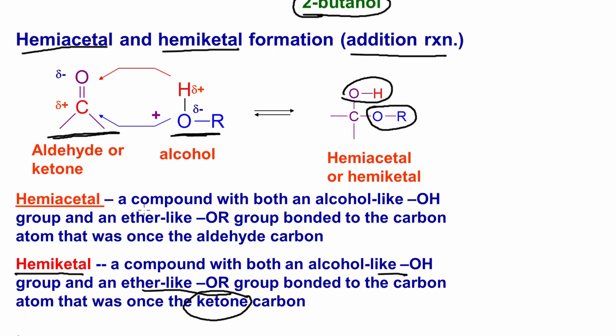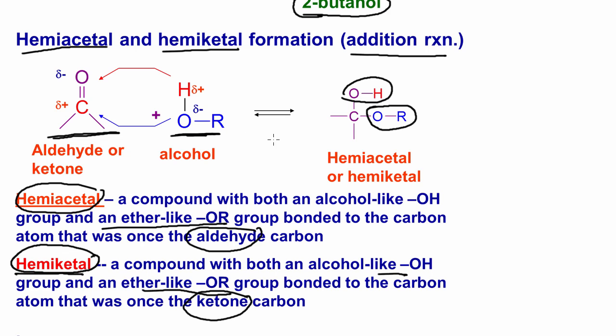The hemiacetal is a compound with both an alcohol-like OH group and an ether-like alkoxy group bonded to the carbon atom that was once the aldehyde carbon. So you react an aldehyde with an alcohol, we produce a hemiacetal. When you react a ketone with an alcohol, we end up with a hemiketal.